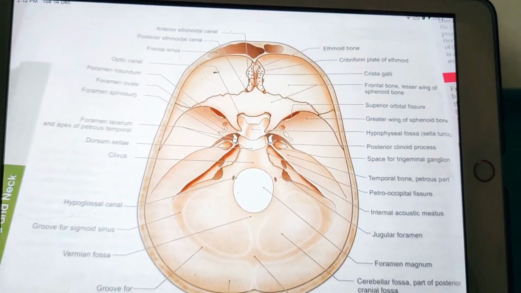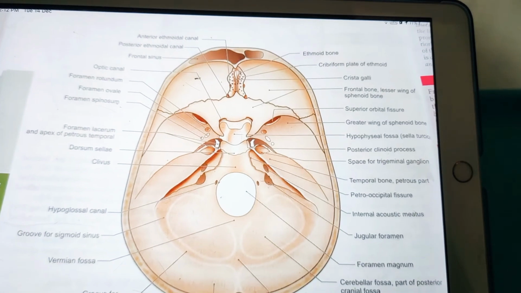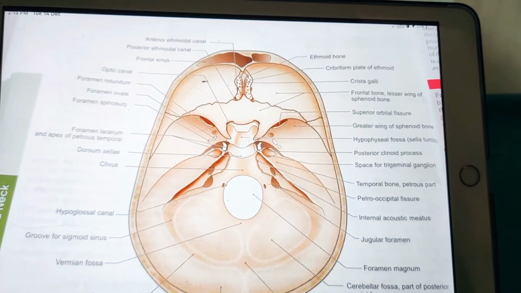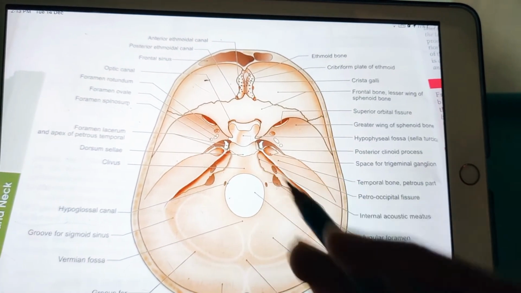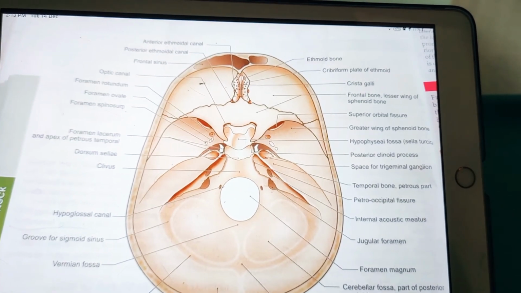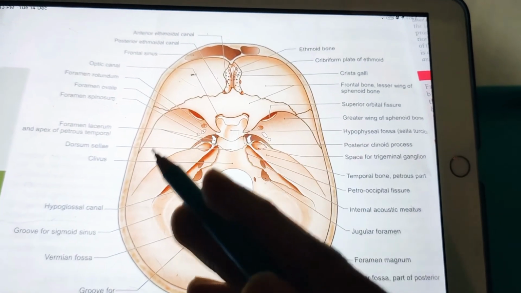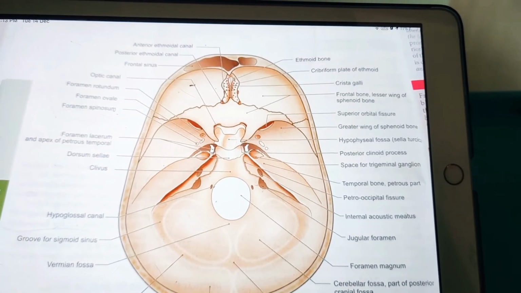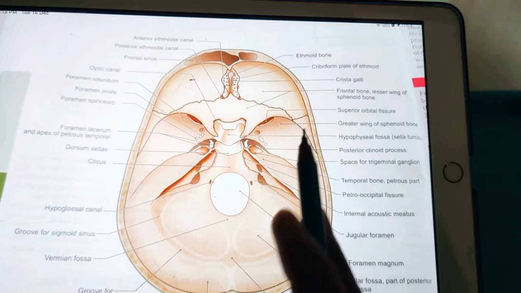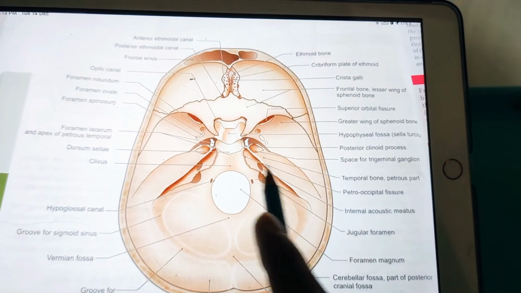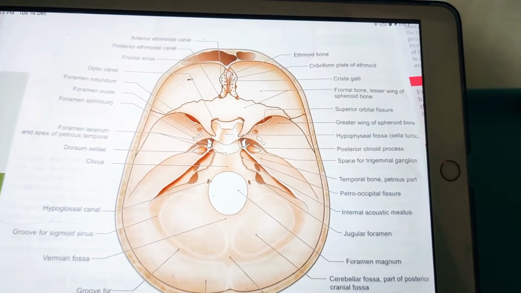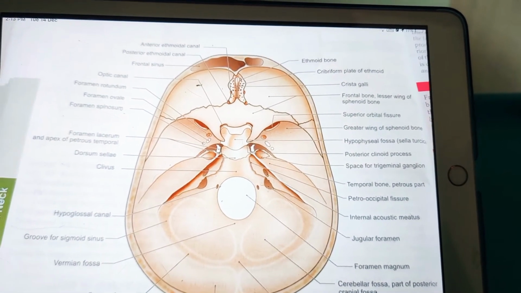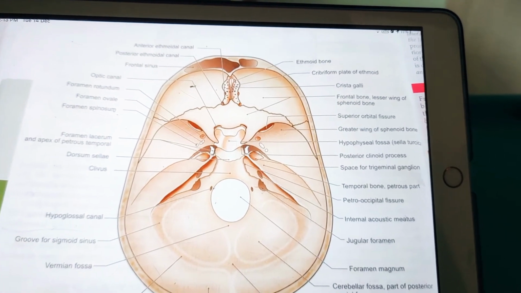The floor of the middle cranial fossa is formed by the body of sphenoid in the median region, and by the greater wing of sphenoid, the squamous temporal bone, and the anterior surface of the petrous temporal bone in the lateral region.